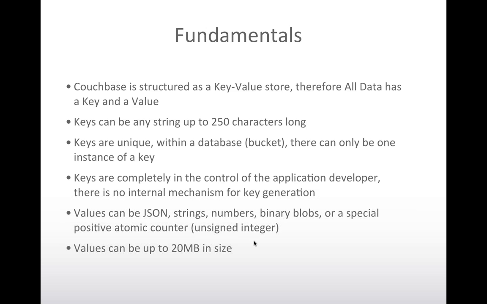So you can build the key in different ways. You just have to remember that it could be any string up to 250 characters. They are just unique in one single bucket. So if you are reusing an existing key, depending on the operation you do, whether a save, an update, or a delete, it will replace, save, or delete the key that you are trying to modify or use as a parameter.